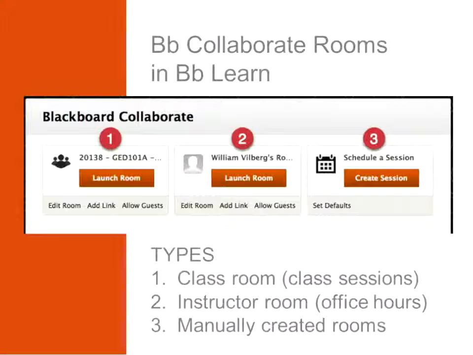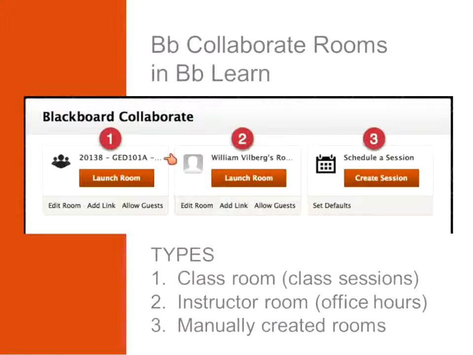Once you click on that Blackboard Collaborate, a page will come up and you will see at least 3 boxes here of rooms. And I refer to a room just like a classroom. It's a virtual room. You can use it for different things at different times, whatever. So the first one is the class's room.